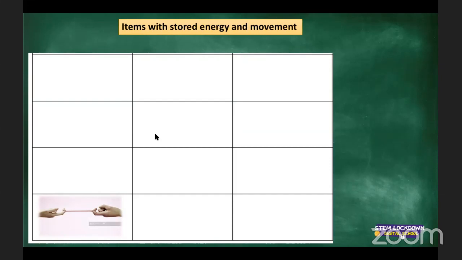It's clearly showing us that an elastic band, whenever it's being pulled, stores energy, and whenever you release it, it will create some sort of movement. These are items with stored energy and movement.